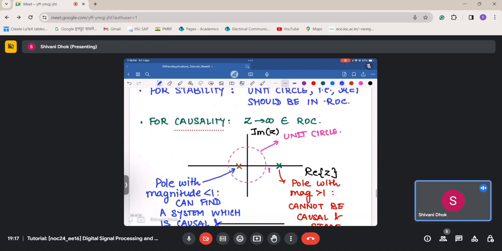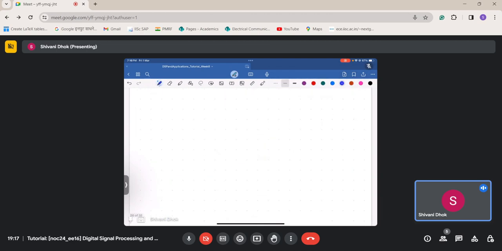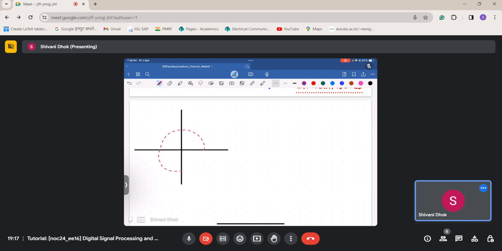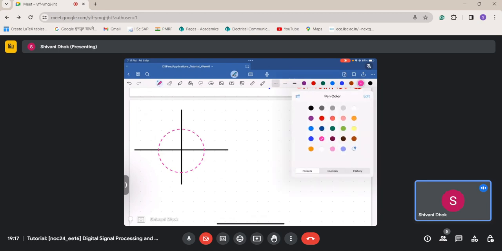Okay, so now this we did for a single pole, right? Now, can we extend the same idea for multiple poles? So let's try to do that also. So let's say this is my unit circle, with 1 as magnitude.